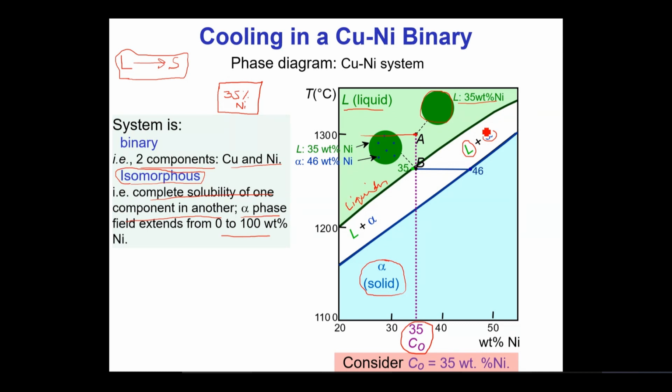Just close to this boundary, I have both the phases coexisting. And if I look at the composition of both the phases, what is the composition of alpha? 46%. 46% nickel, and the composition of liquid is 35%. That means there are both phases existing.